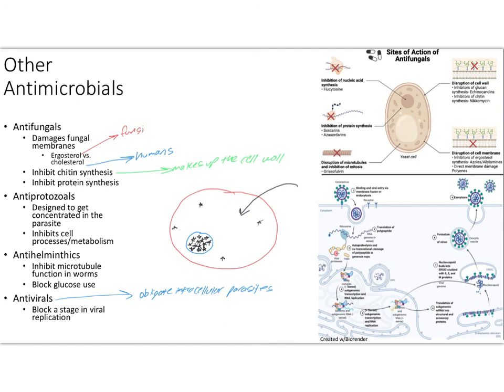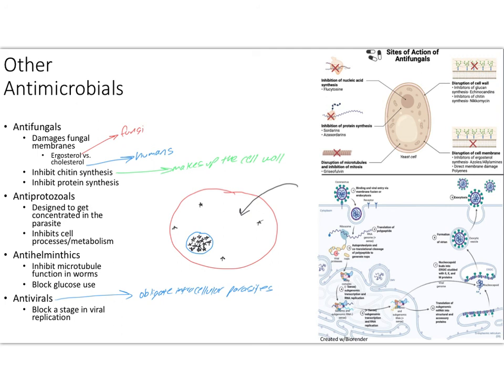The antiviral medications that we do have, though, work to stop the virus from replicating. So they work in some kind of way to either inhibit the binding of the virus to the receptor on the host cell. So maybe they interfere with adsorption.